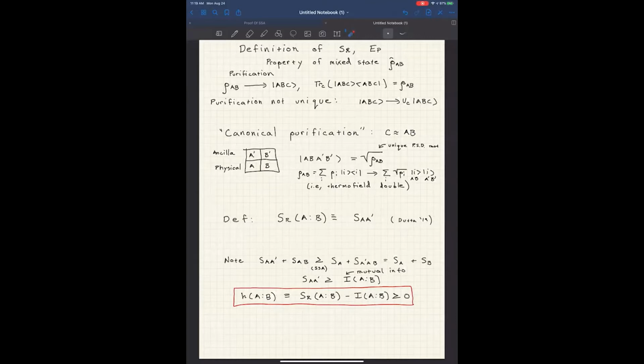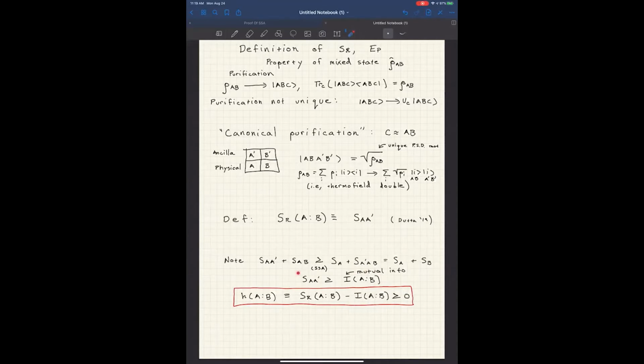But I can re-identify A prime AB, which is this region here, with the complement B prime. Because B prime is a mirror image of B, this can get replaced with B. Once I've rewritten it like that, I can bring the S_AB over to the right-hand side, and I obtain an intuitive form of the bound, which is that the reflected entropy is always larger than the mutual information between the two regions you started with.